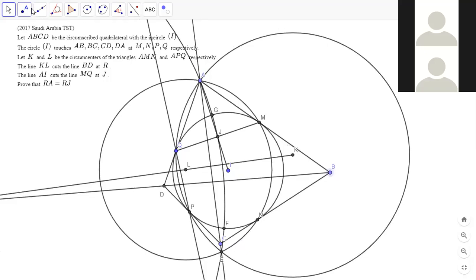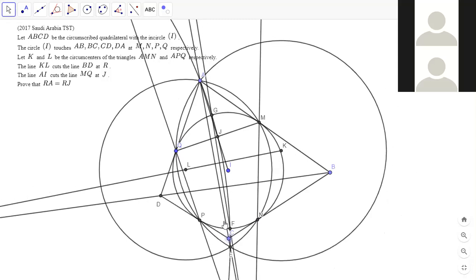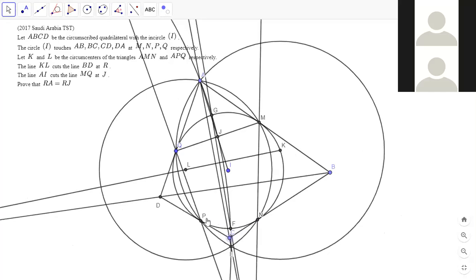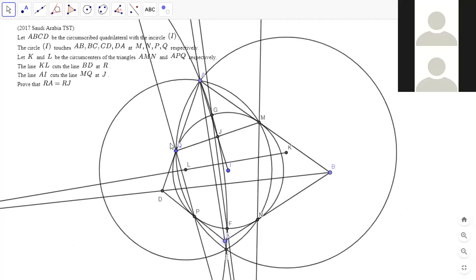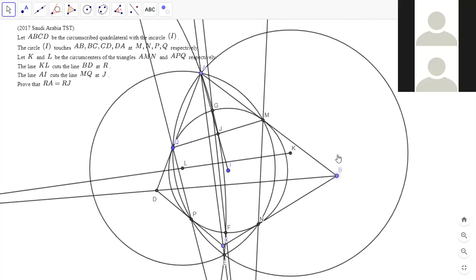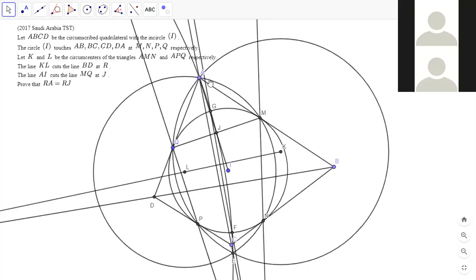So, and then we have P, Q, M, N, and was there another line too that you said, FG, right? So these would all concur. I want to make them concur, but let's see. How do I? Let me do it like this.